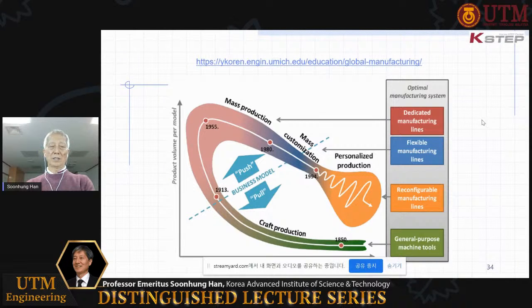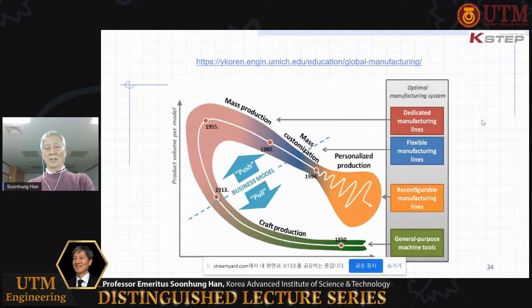But about 1913, Henry Ford created the mass production concept using a conveyor belt. From that time until 1955, mass production was very popular. So for one model of car, Hyundai Motors probably produces 500,000 cars of the same design. We call this mass production.